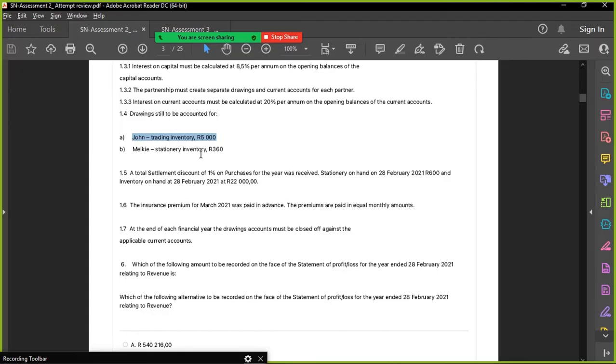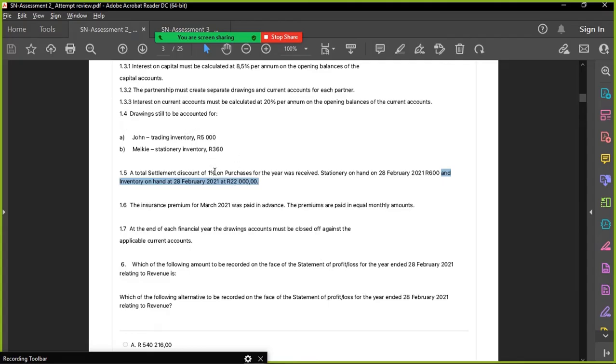So you would count less stock on hand. So this inventory on hand figure, because this inventory on hand figure is after he had drawn, I assume that this 22,000 reflects the inventory that is on hand after John has taken inventory from the business.